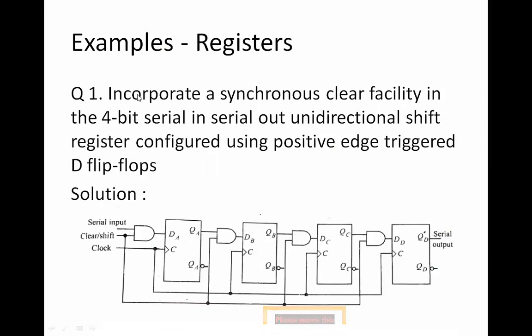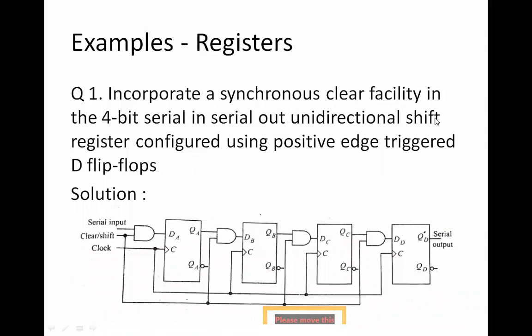The question is, incorporate a synchronous clear facility in a 4-bit serial in and serial out. So try to extract data from your question. They are telling you that it's a 4-bit, which means you will have to employ 4 D flip-flops: 1, 2, 3, 4. Serial in, serial out means it is shifting one after the other.